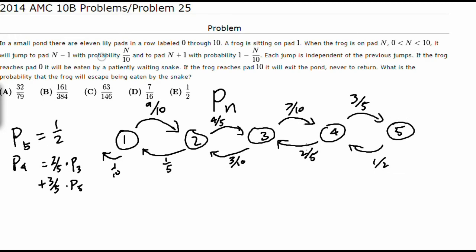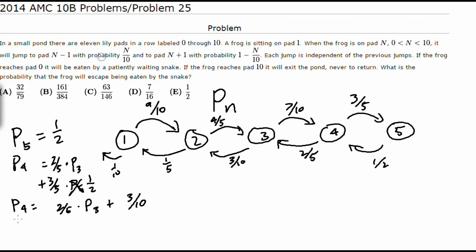Because if you go 2/5, then you're on pad 3, and then the probability is just P3, because that's the probability of moving to 10 from pad 3. And then 3/5 is just times P5. And you can cross out P5, and that's just 1/2. So P4 equals 2/5 times P3 plus 3/10. Okay, we have P4.